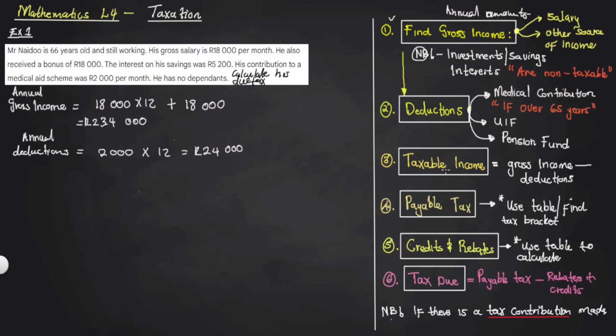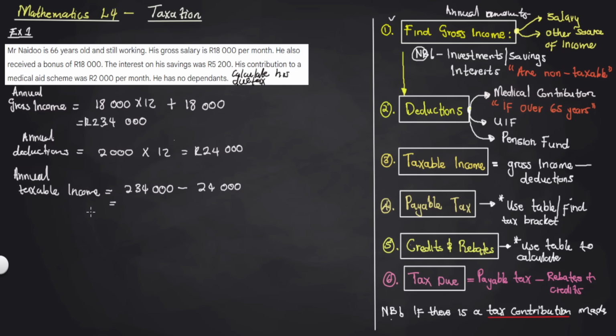Now let's calculate the taxable income. So the annual taxable income is equal to 234,123 minus 24,000.